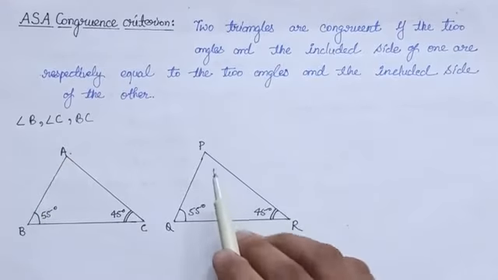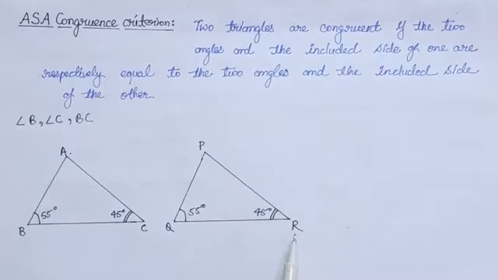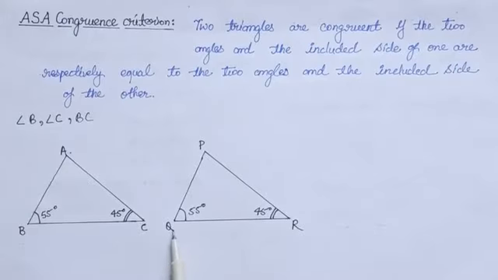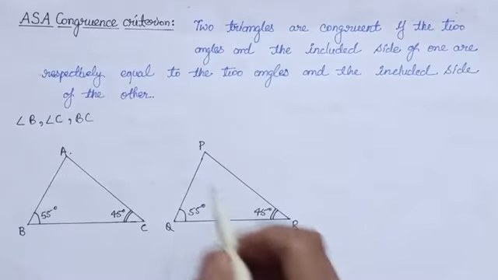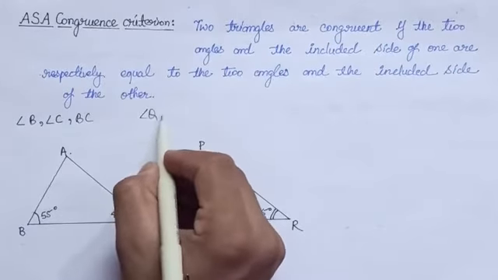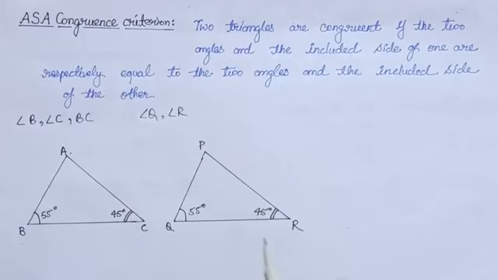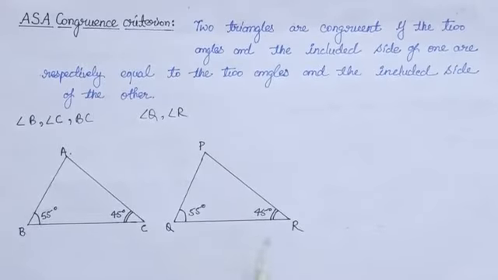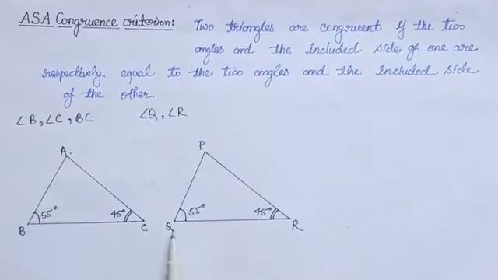Okay. In the same way, in the triangle PQR, if we consider the angles Q and R, then the side included by these two angles is the side QR.